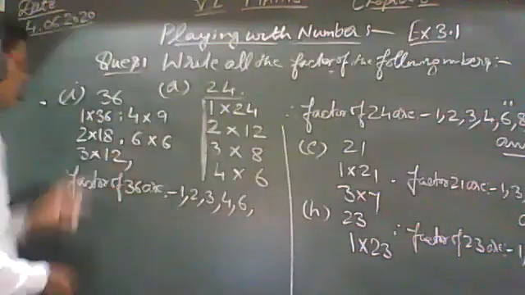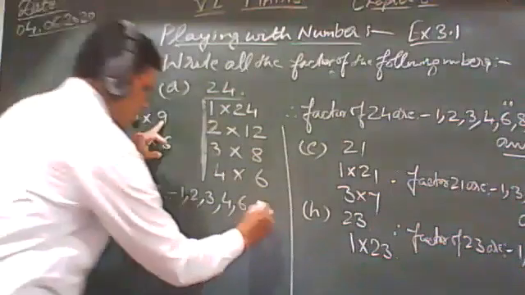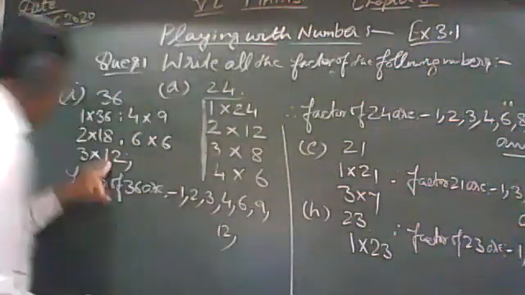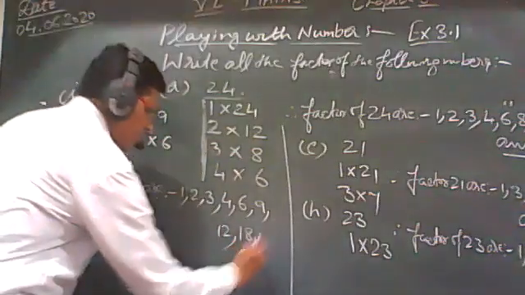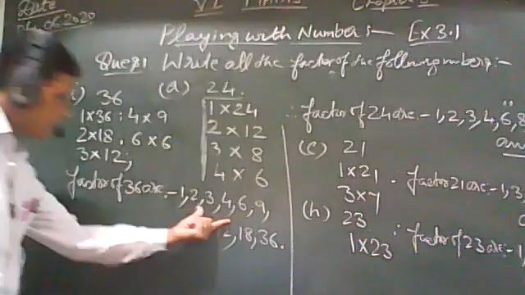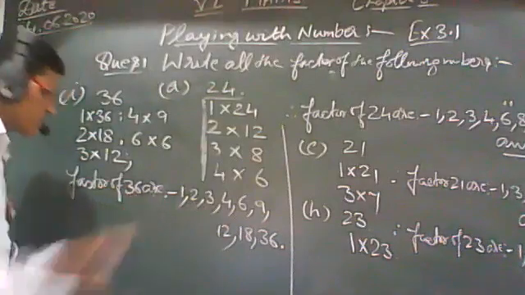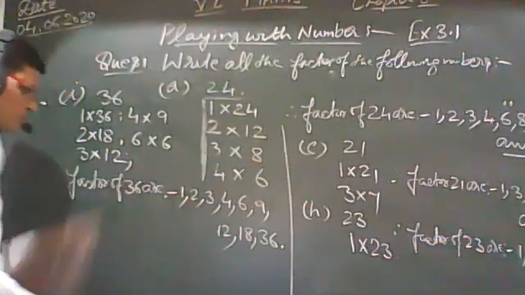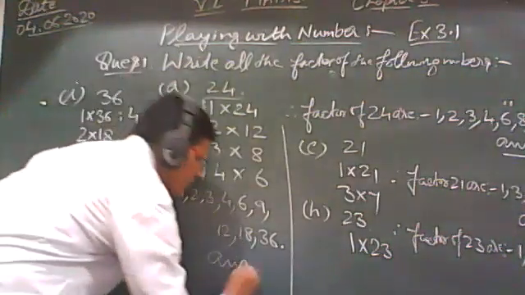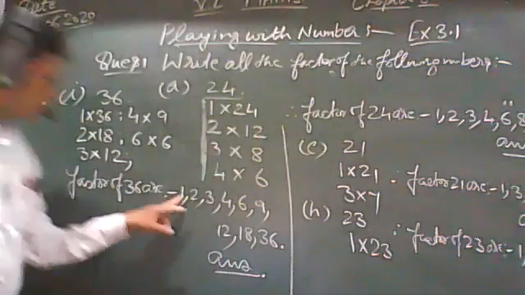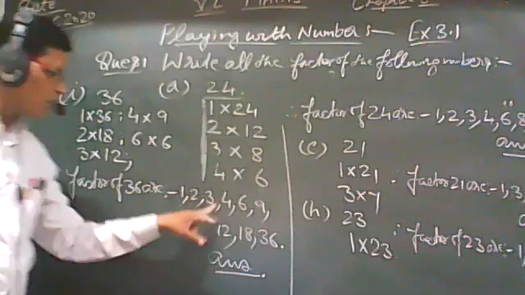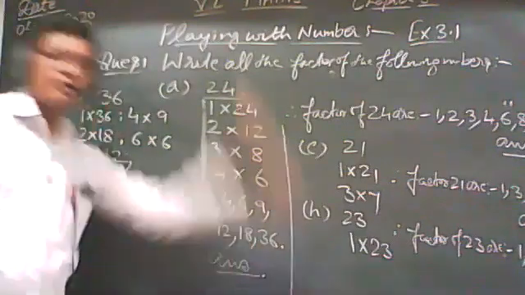Now 6, then after it 9, then 12, 18 and 36. These are the factors of 36, and they are exactly divisible. That is our answer. That means 36 is exactly divisible by 1, 2, 3, 4, 6, 9, 12, 18 and 36.